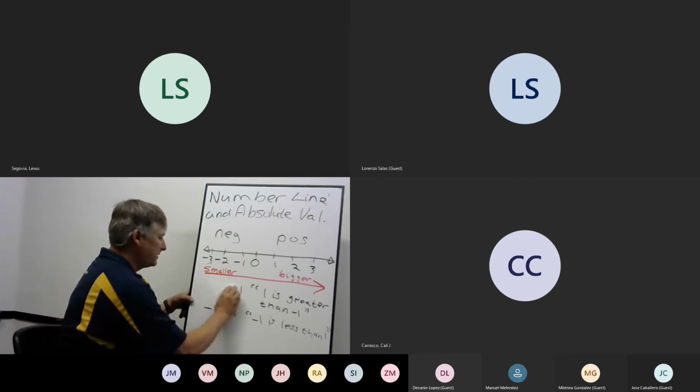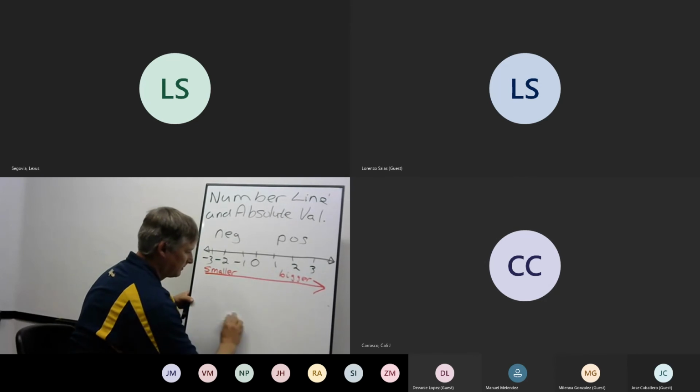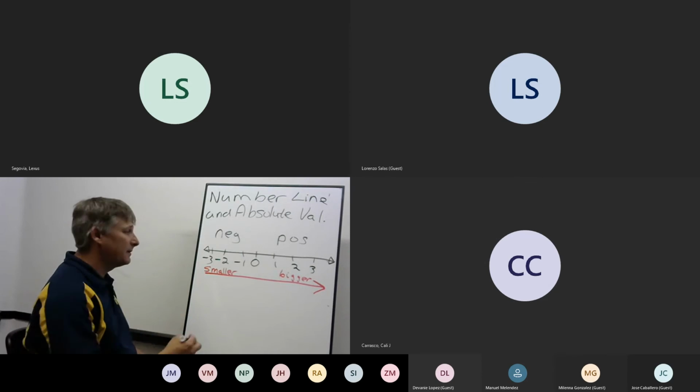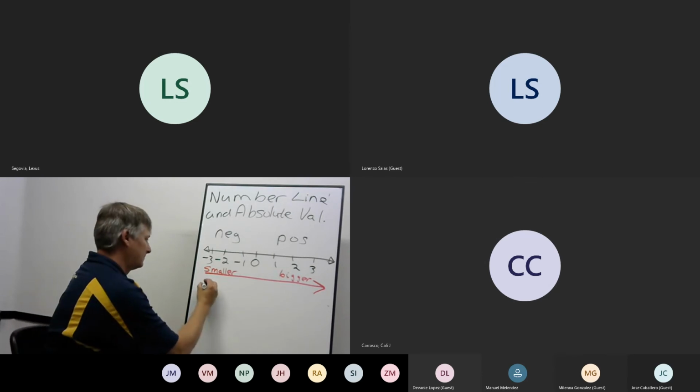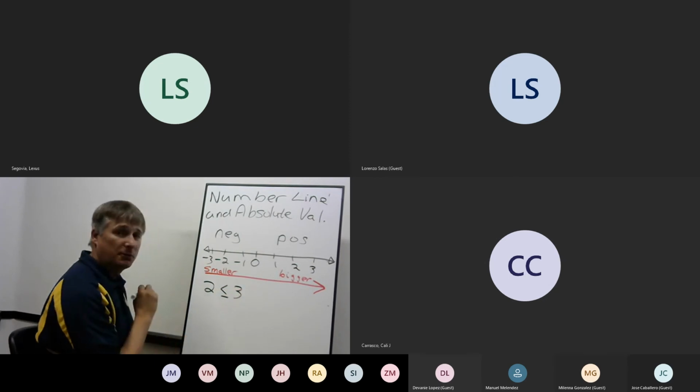Now, there's another way we can do this. We could say this: 2 is less than or equal to 3.